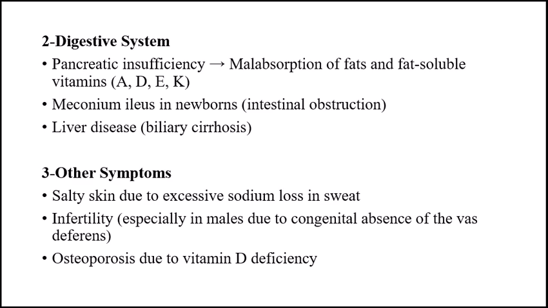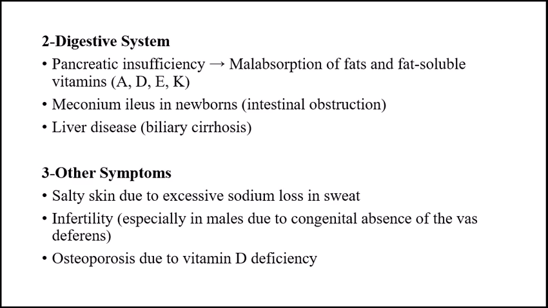And also digestive system problems, which is pancreatic insufficiency. The pancreas cannot release digestive enzymes anymore, so there is poor digestion of fats and poor absorption of vitamins A, D, E, and K. This is called malabsorption. The second one is meconium ileus, which is in newborns.